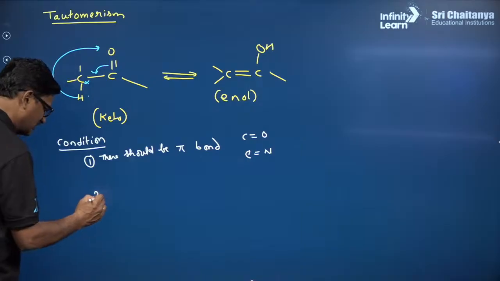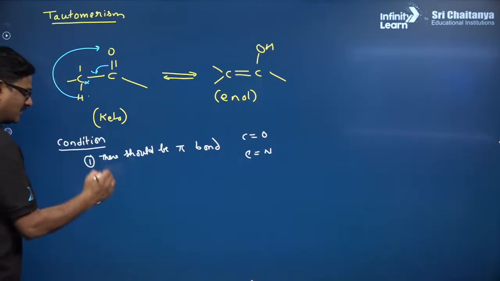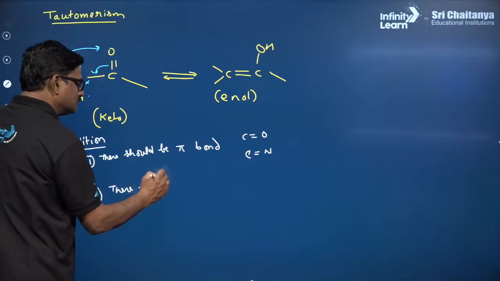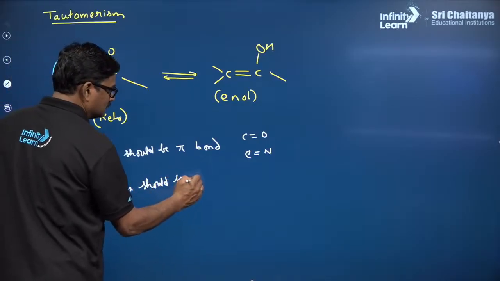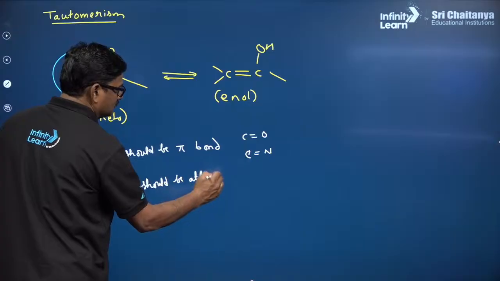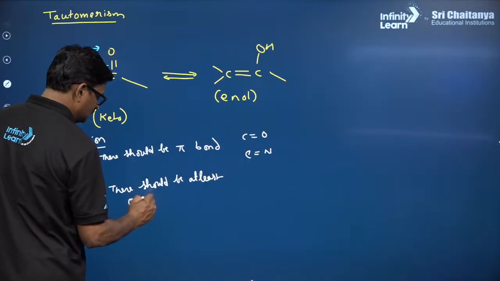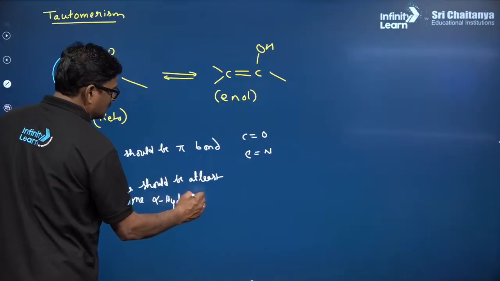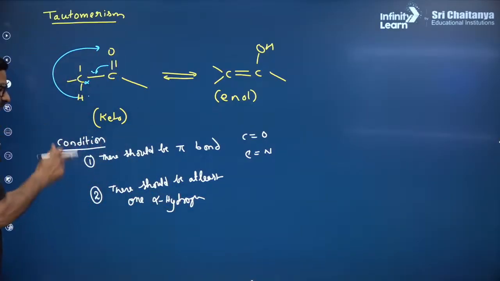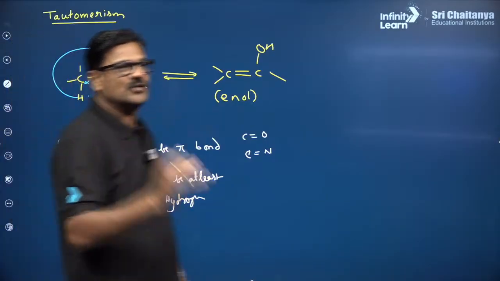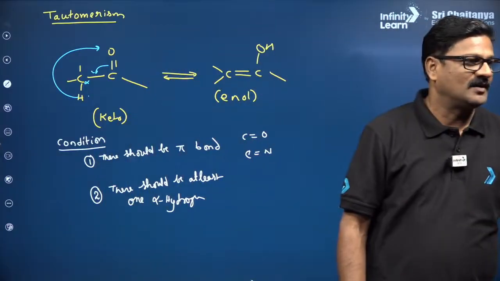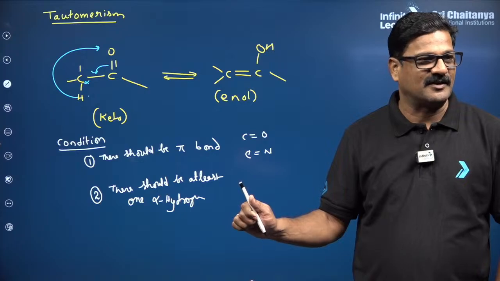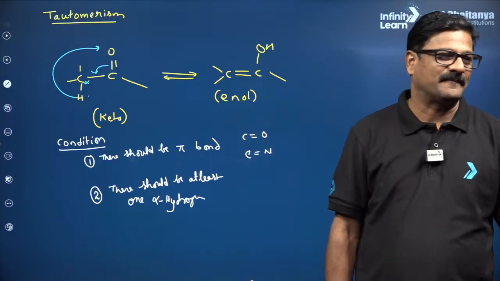And second, there should be at least one alpha hydrogen. So if the molecule has these two conditions, then only it is going to show its tautomerism. Understand? Clear? Everybody take a note of it.